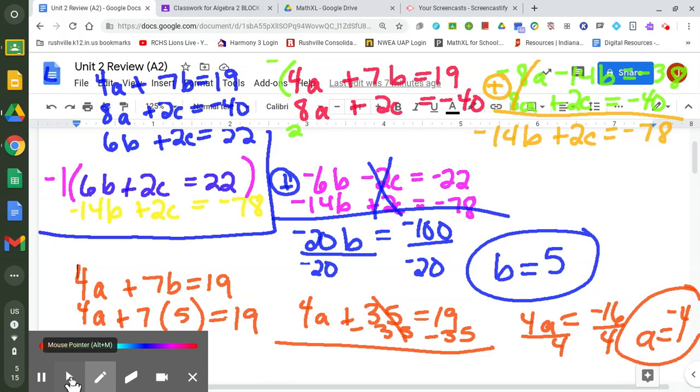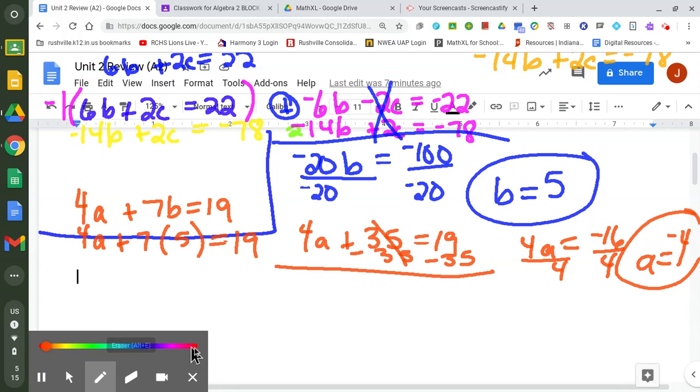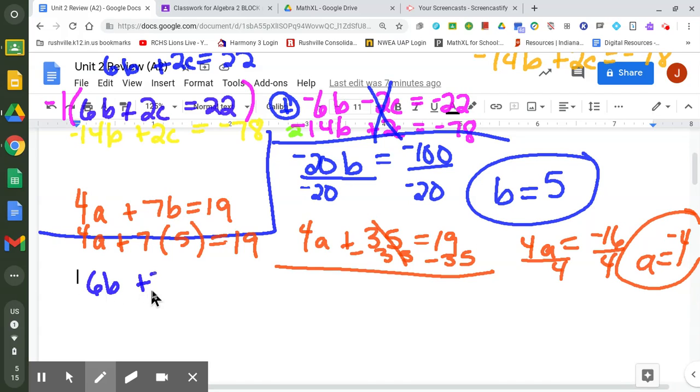So we're going to scroll down so that we can find C. So I'm going to take 6B plus 2C equals 22. So now I have 6 times that 5 that I found plus 2C equals 22.